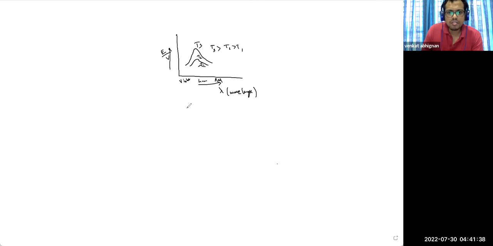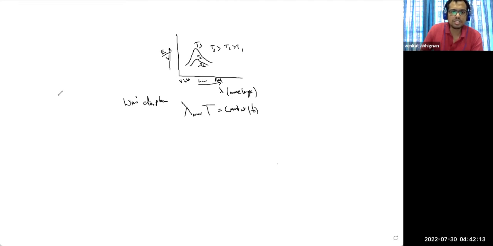So we can, with this, have an ideal law which is called Wien's displacement law, which shows that this lambda max, or wherever the peak in the energy density is happening, times the temperature is some constant, which is B or something. So this is basically Wien's displacement law, and this is the basic idea of the blackbody radiation.